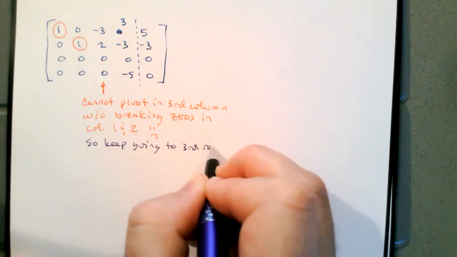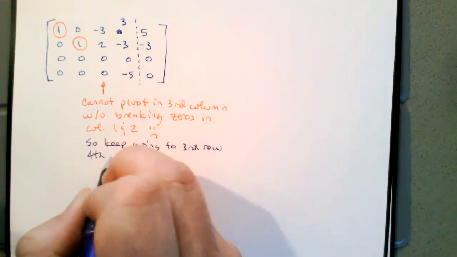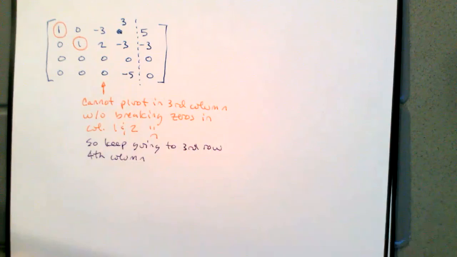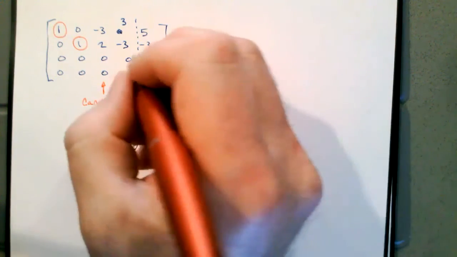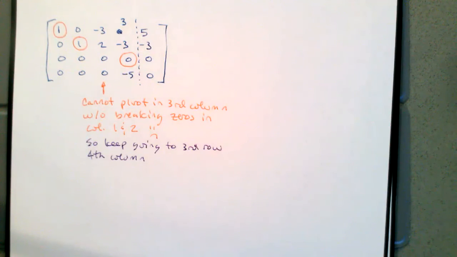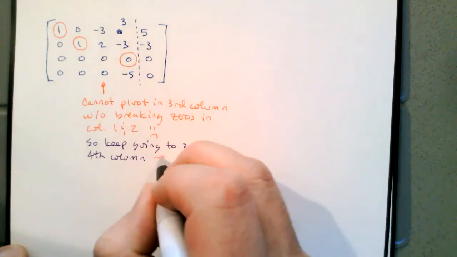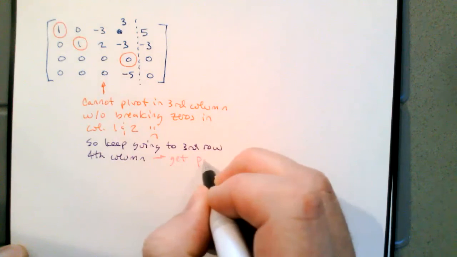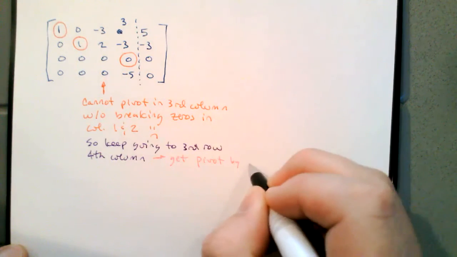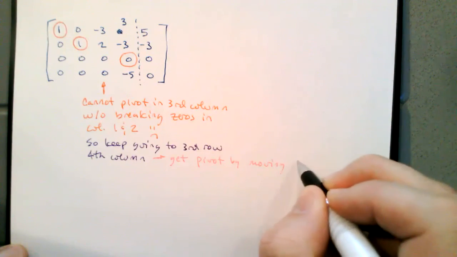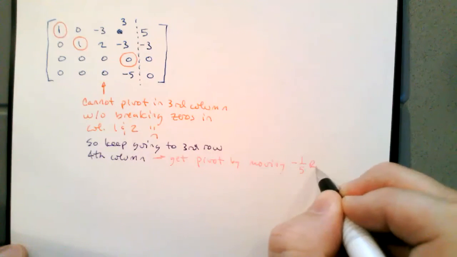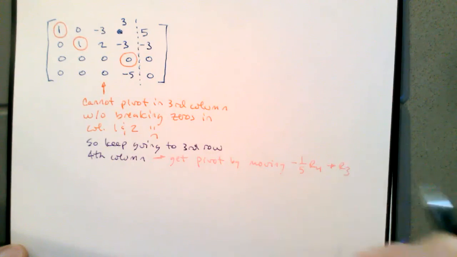We're going to go to the third row, fourth column. And in the third row, fourth column, we can get a pivot there by moving row 4 up to row 3. We're actually going to take negative 1/5 of row 4 and move it into row 3.